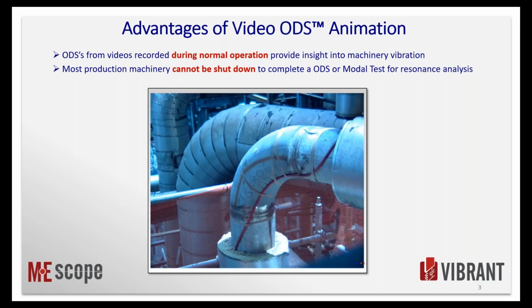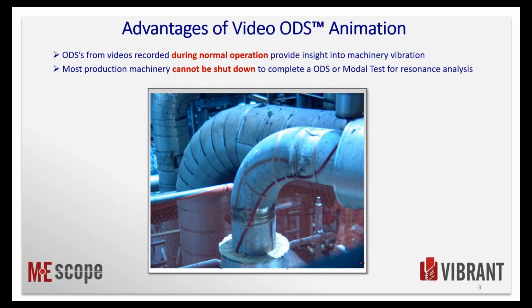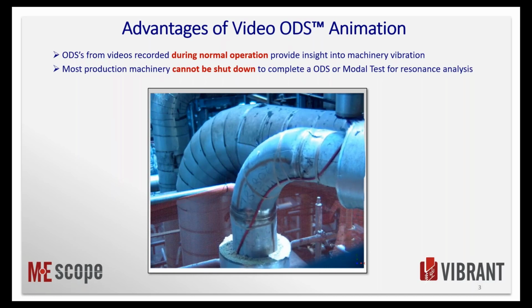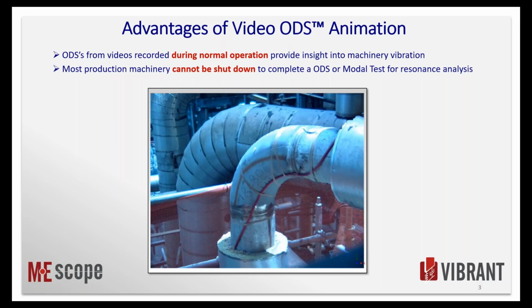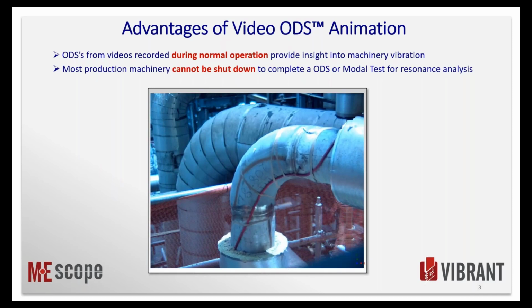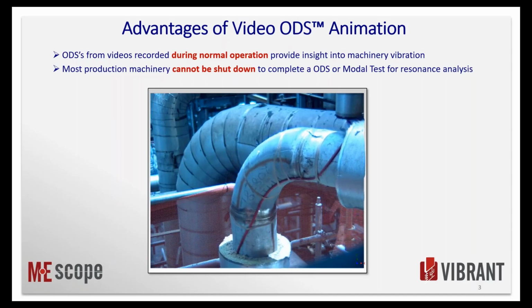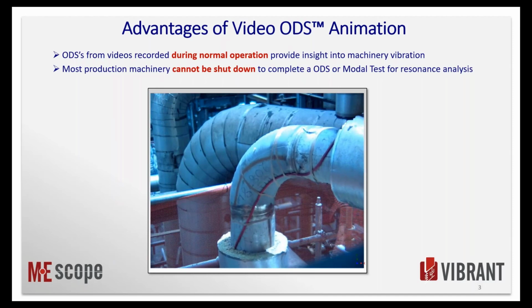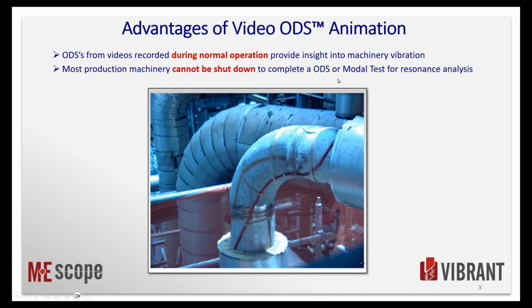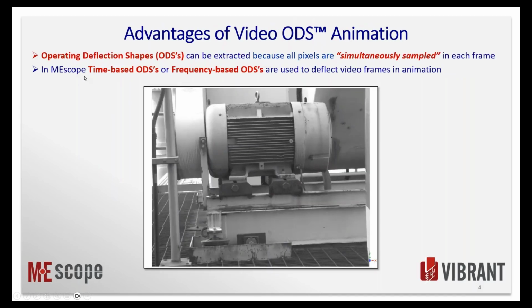as a quick look of what's going on, we can take a video during normal operation. So that's what I've done here to look at the video ODS data that we extract from videos from a cell phone that were recorded at 4 different speeds or recording rates. But here's an advantage. We can't shut down the machine to do an ODS or a careful modal test for resonance analysis.